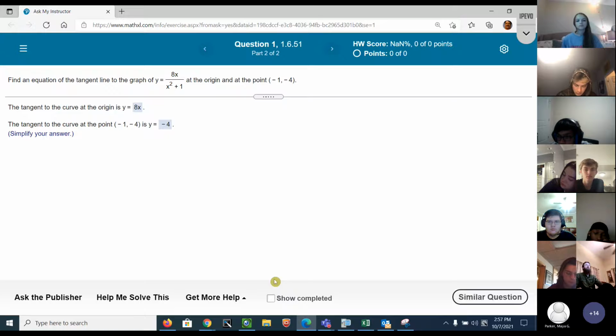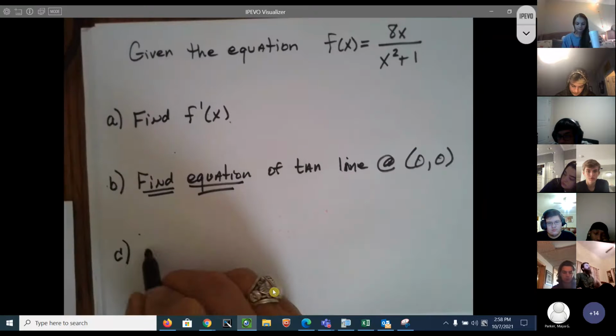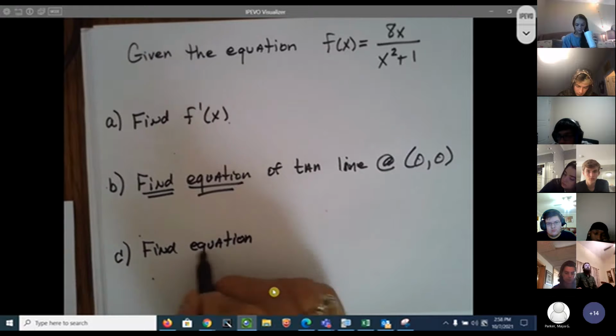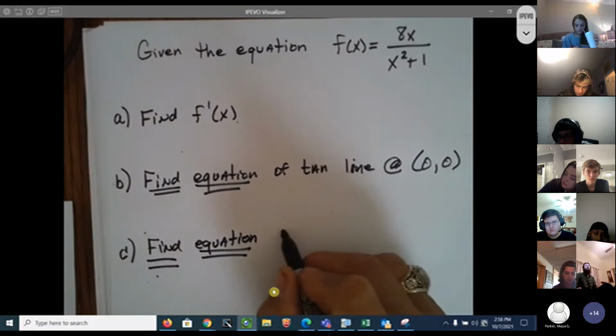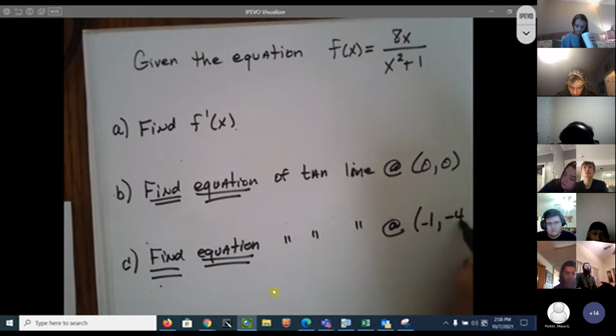B, find the equation of the slope of the tangent line at 0, 0. And C, find the equation of the tangent line at -1, -4.